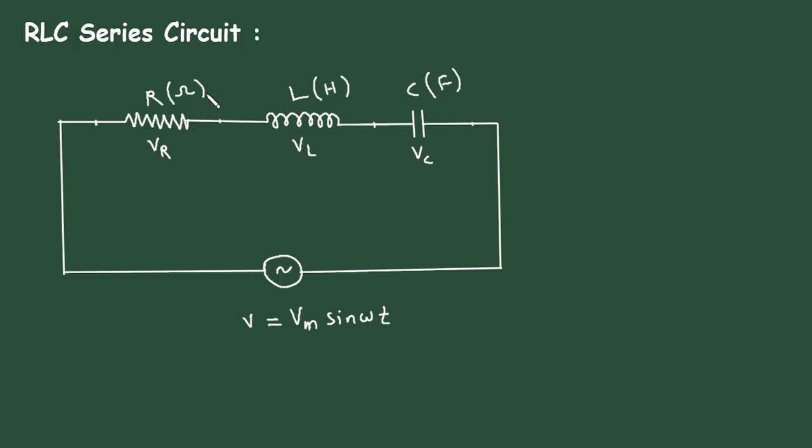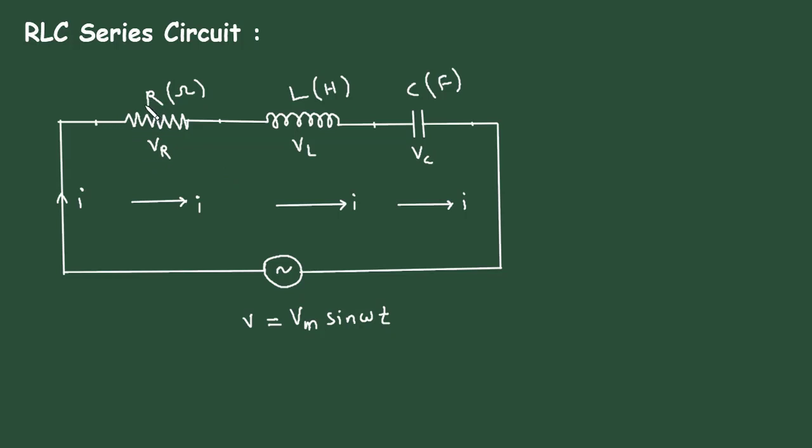Now let's say this is current I. For the resistor, inductor and capacitor, the current will be the same. So here also the current will be the same, but the voltage will be different.